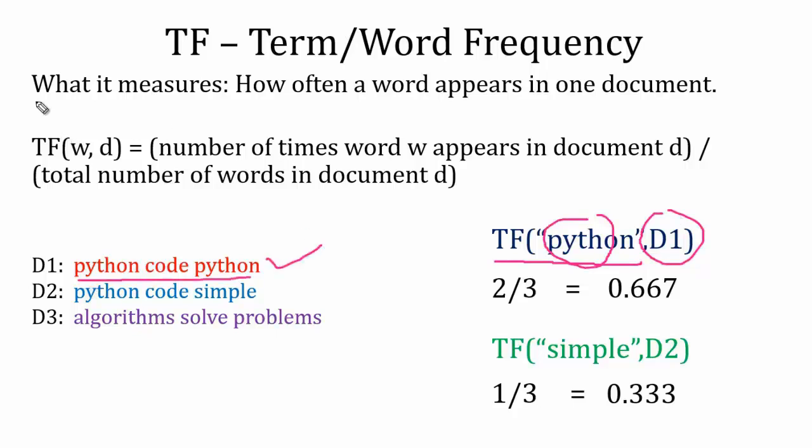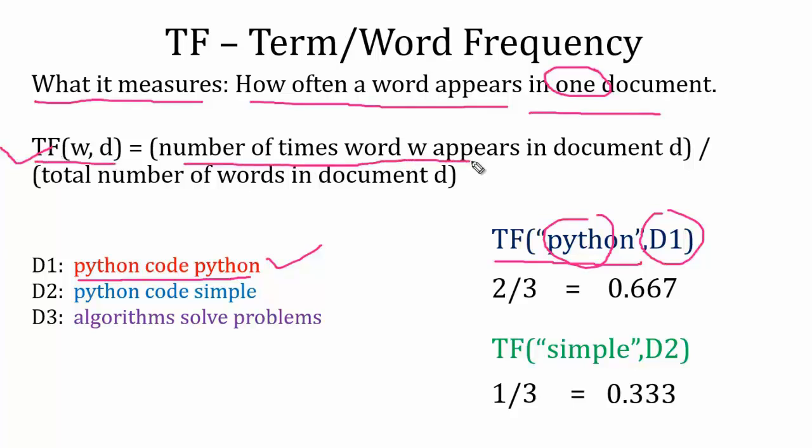As we discussed, TF measures how often a word appears in one document. So this is the equation to find TF: number of times word W appears in document D divided by total number of words in document D. So Python appears 2 times, you can see 1 and 2, in document 1, and there are 3 words in total, 1, 2 and 3.